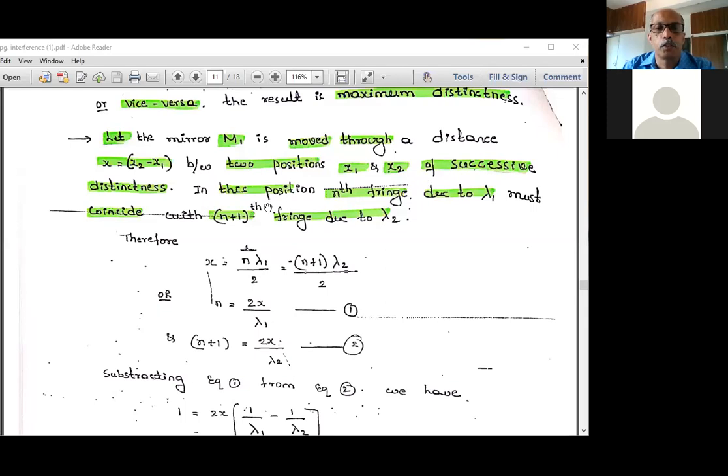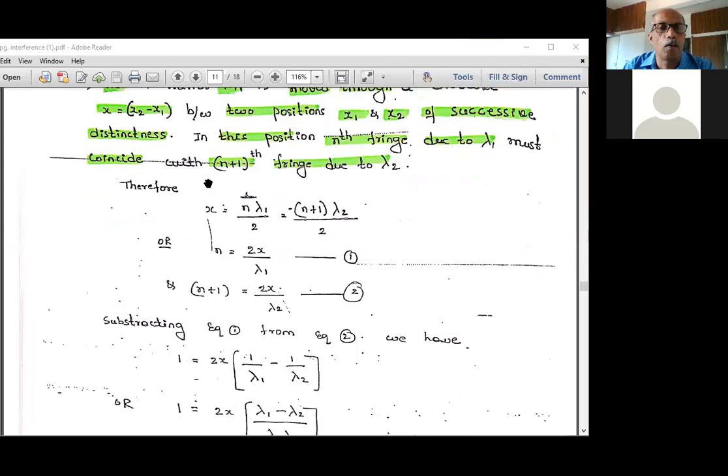Then in this position, the nth fringe due to lambda 1 must coincide with the (n plus 1)th fringe due to lambda 2.